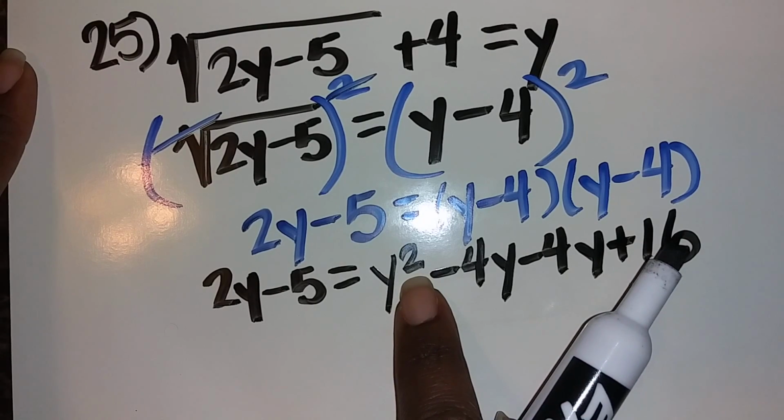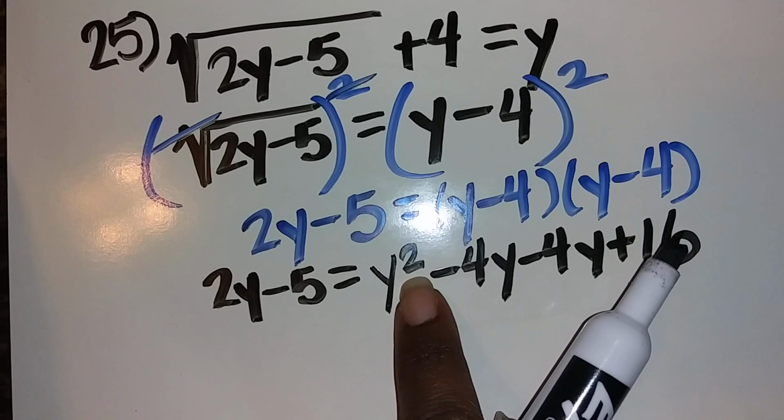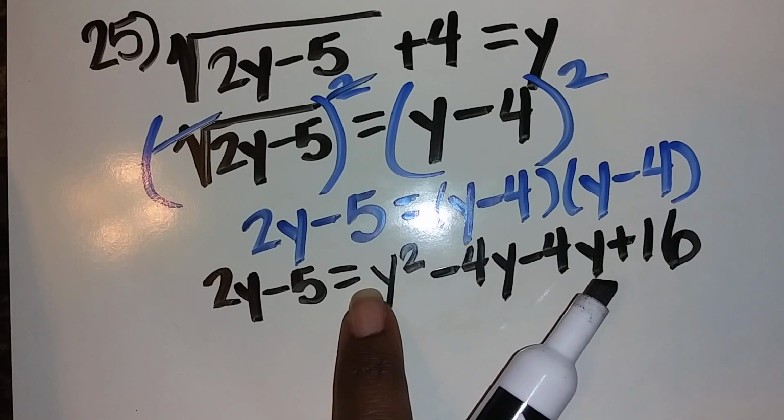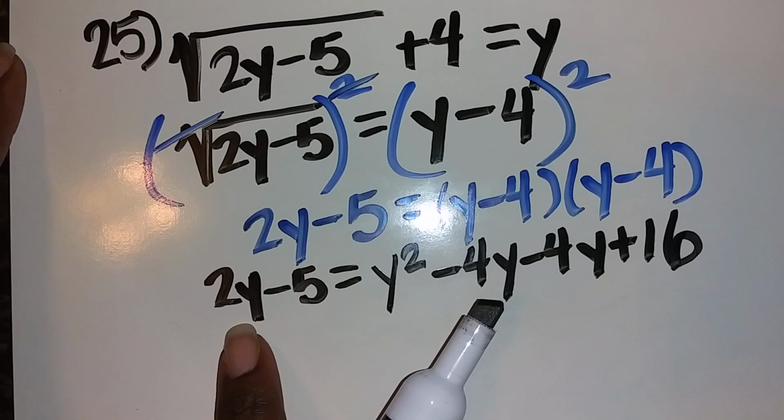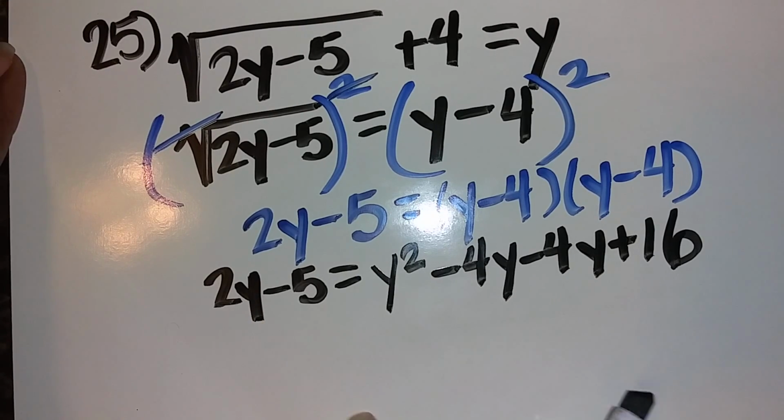We know degree is the highest exponent. That means I'm going to have 2 answers. When you have your degree, you want your leading coefficient, which is understood to be positive 1. You want your leading coefficient to stay positive. So I'm going to take the 2y and the minus 5 and move it to the right of my equation.